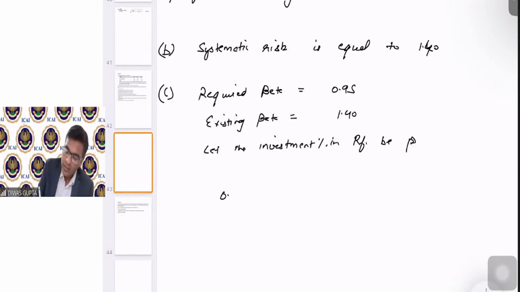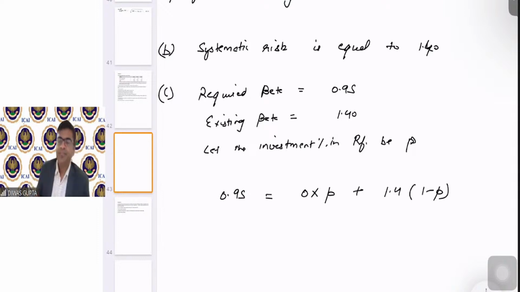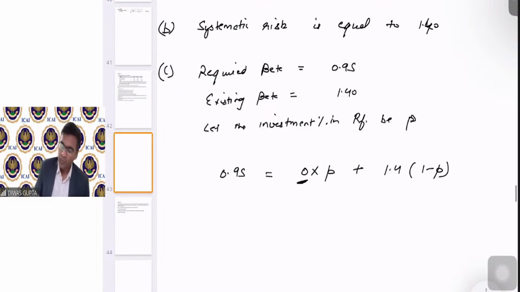Okay. Then 0.95 is equal to 0 into P plus 1.4 into (1 minus P). For the revised reconstructed portfolio, can we say that 0.95 would be equal to 0 into P plus 1.4 into (1 minus P)? Again, I am taking risk-free securities beta as 0. While calculating this, P is 32%.